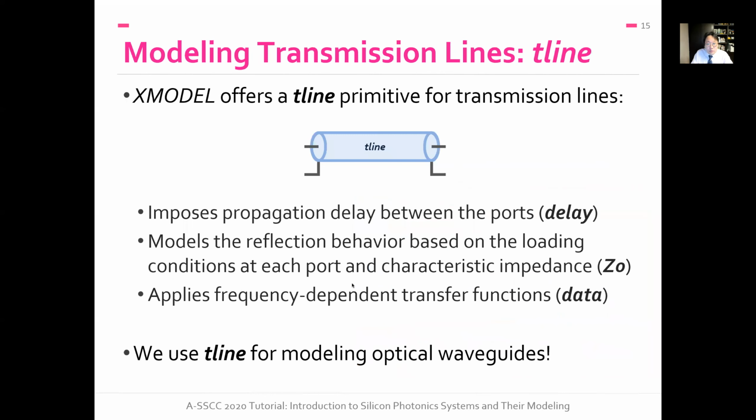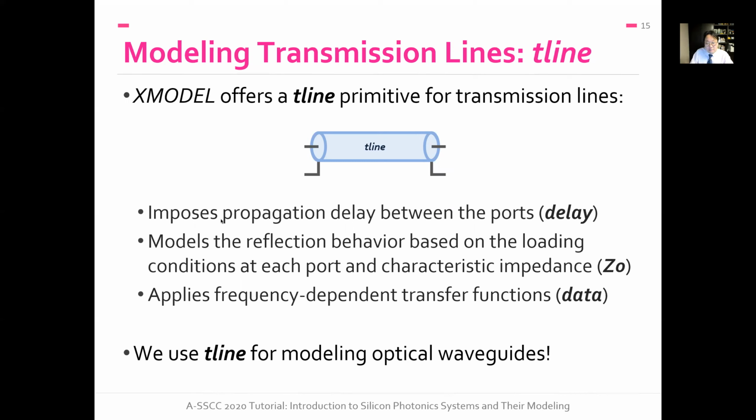And as one of the circuit primitives, XMODEL offers a transmission line. It's called T-line. And this T-line primitive has all the right things to model optical waveguides that propagate the laser in both directions and have reflections depending on the end conditions.